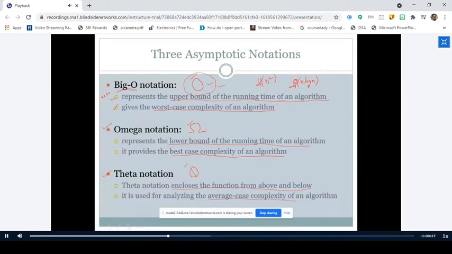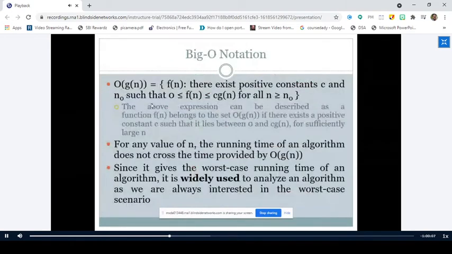So whenever you find the term big O, keep in mind that you are going to measure the worst case. Is it clear up to this point? Yes, sir. So take a snapshot of this.